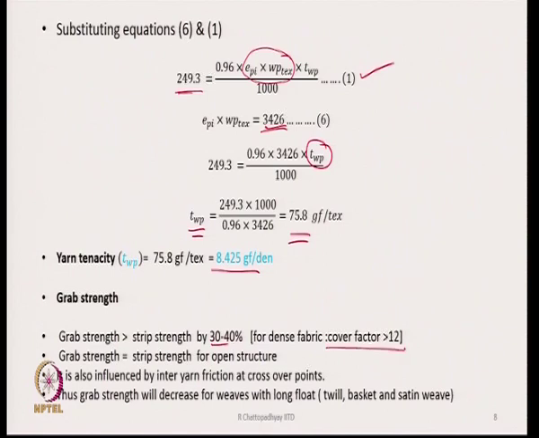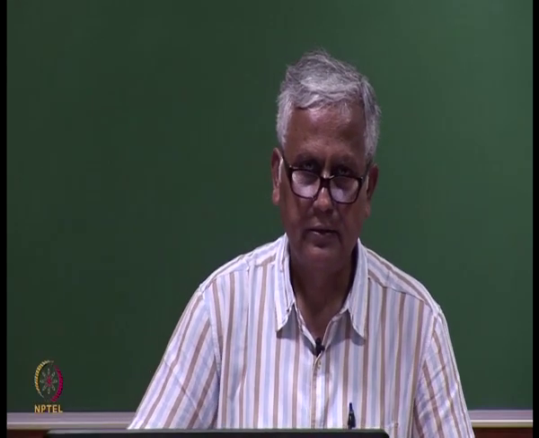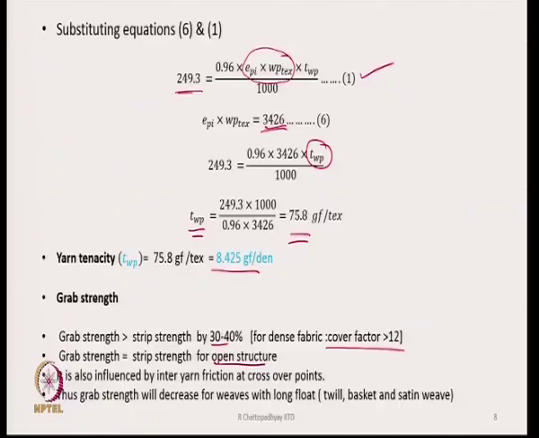These have been stated by some researchers that generally grab strength is more than strip strength by 30 to 40% for cover factor greater than 12, and for very open structure grab strength and strip strength are almost the same, because sometimes grab strength may be specified and therefore, you want to convert grab strength to strip strength to estimate the parameters.